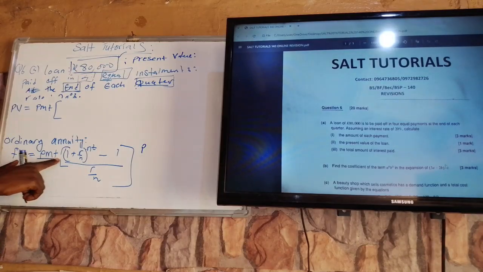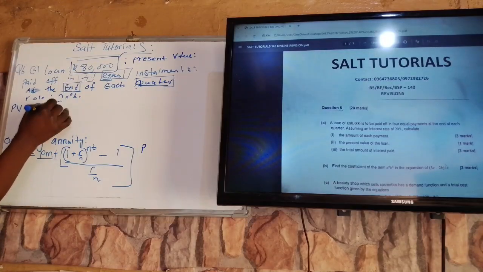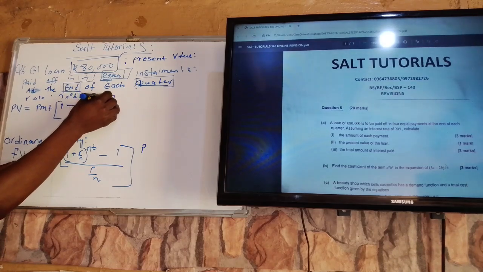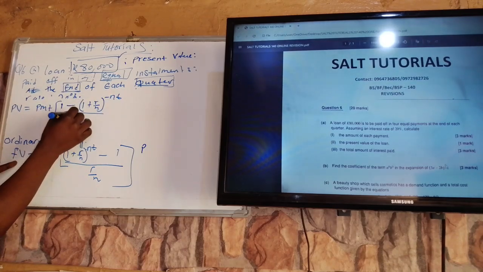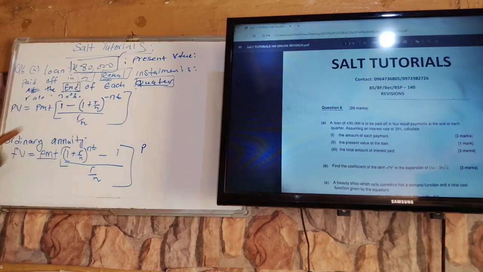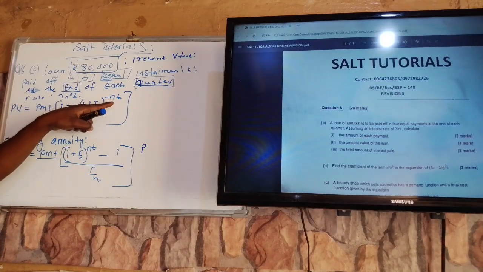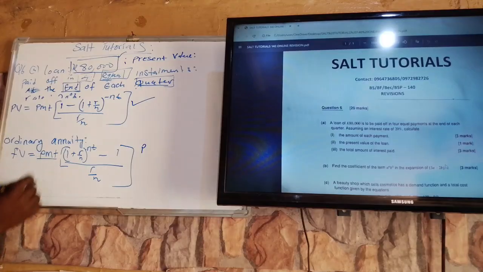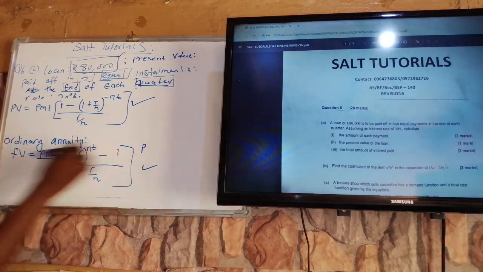Future value starts with PMT multiplied by 1 plus r over n, but the present value starts with 1 minus (1 plus r over n) to the power negative nt, over r over n. So the power here is negative nt, but the power in the other is positive nt. So we are using the present value formula. This is the future value formula.